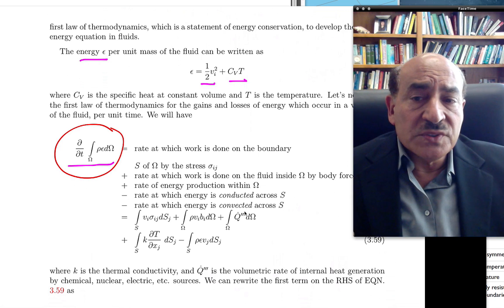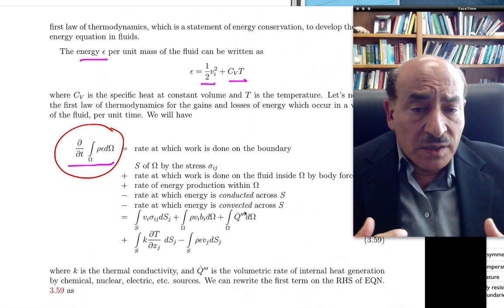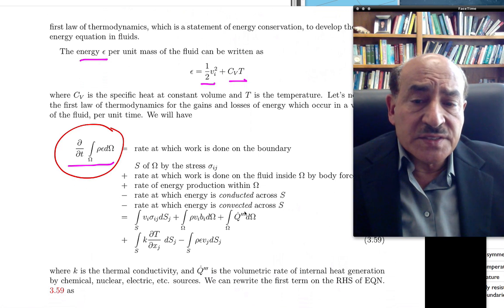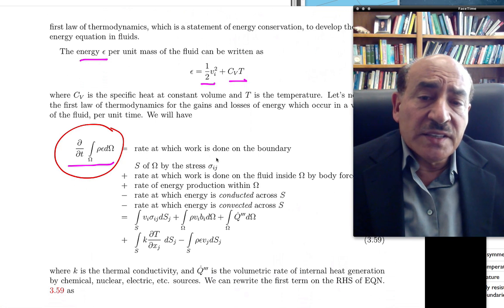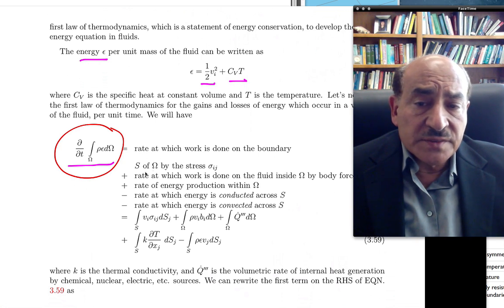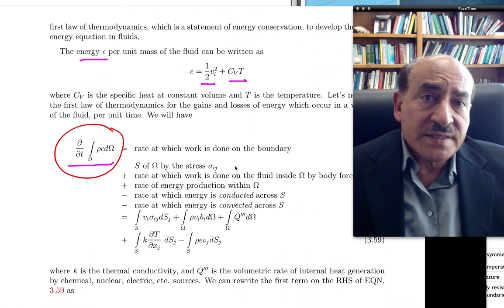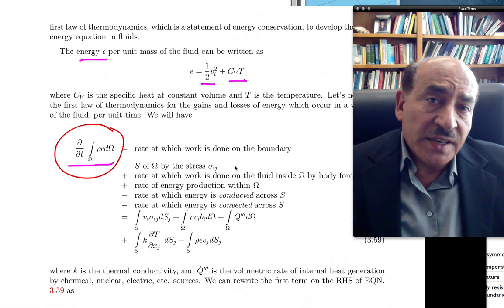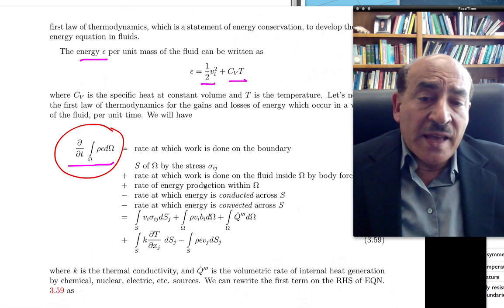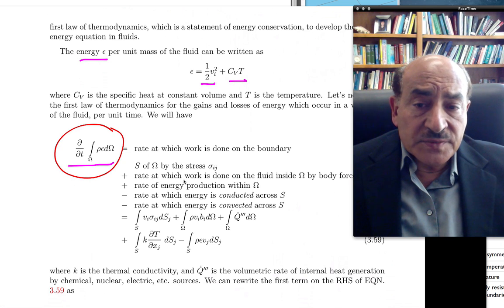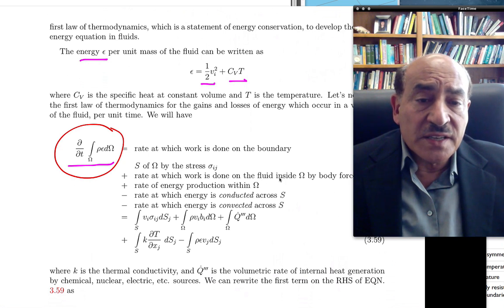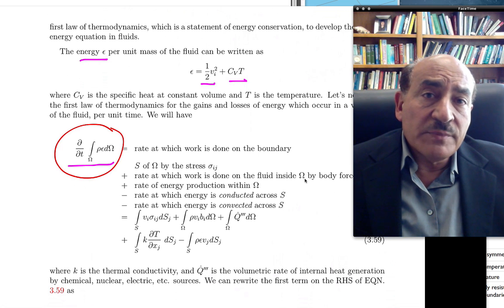And that is the rate at which work is done. Now this is total energy, so the total energy will have to include all of the components that we would consider. Number one, the rate at which the work is done on the boundary by the stress, and that's where we have to get in that from the Navier-Stokes equation. And then plus the rate at which the work is done on the fluid inside omega by the body force, the Bi.